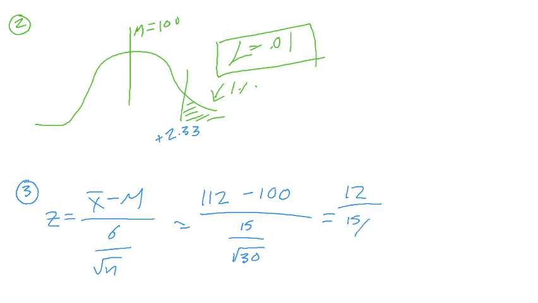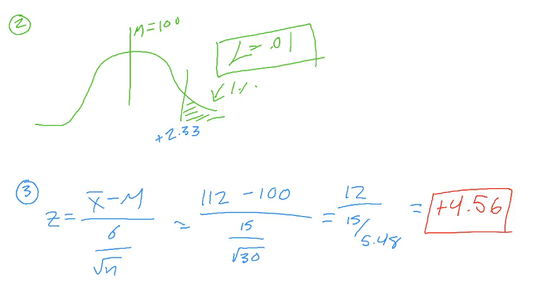Anyone know that off the top of their head? Square root of 30 gives us something like 5.48. If we carry out our math here, we get a z-score that is positive 4.56. All right, wow, that's a pretty big z-score, isn't it?